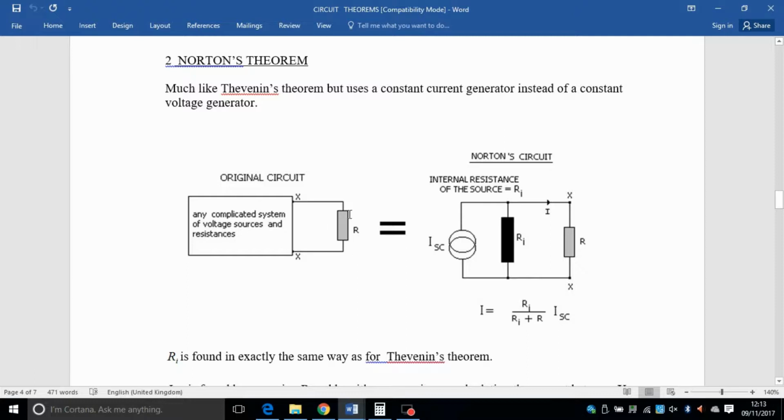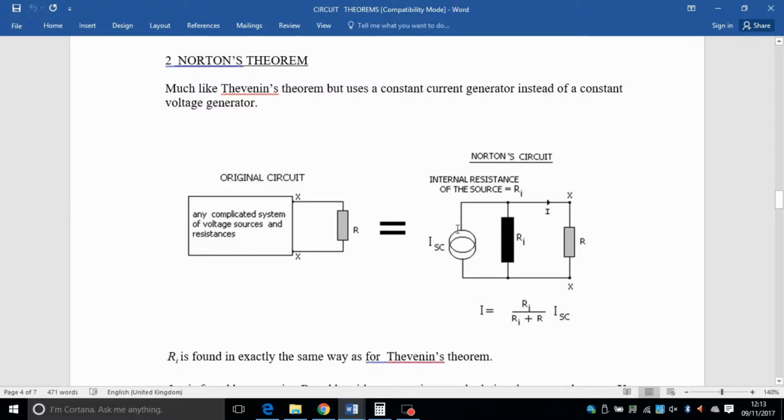So you take the load out, you take the batteries out, short circuit where the batteries were, and look at it from where the load was connected, and calculate or measure the internal resistance. The same as Thevenin's theorem, no difference. So that will be your Ri, but you draw the equivalent Norton's circuit this way.